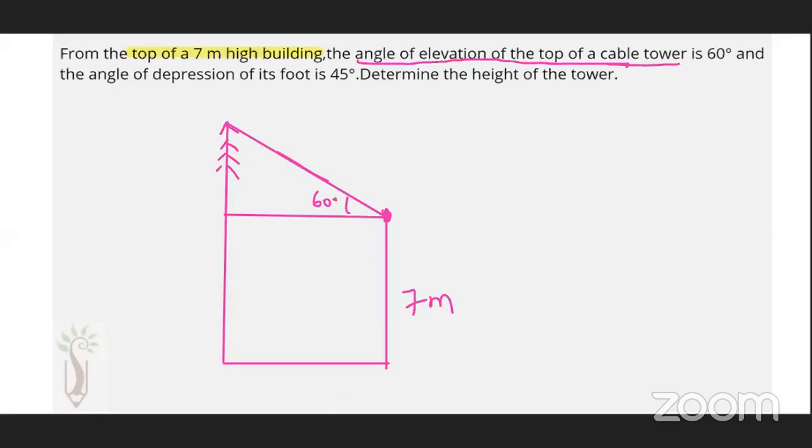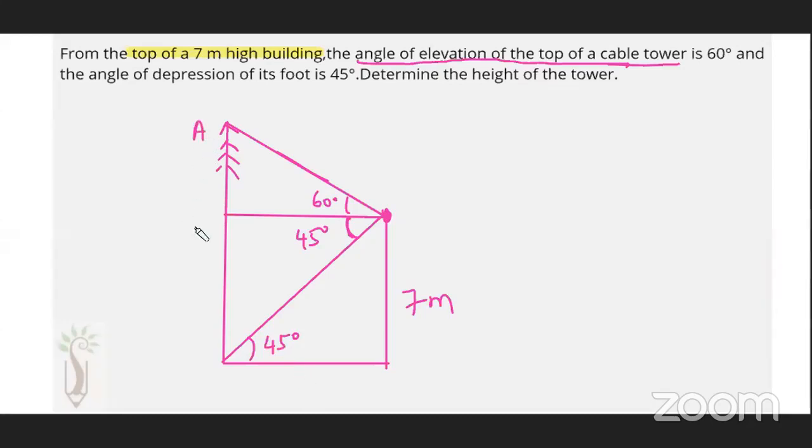Then the person is observing the foot of the tower, that is, he is looking down. That is the foot of the tower, and it is the angle of depression. Is this clear, both of you? Yes, ma'am. And this angle is 45, which you will shift here through the rule of alternate angles.